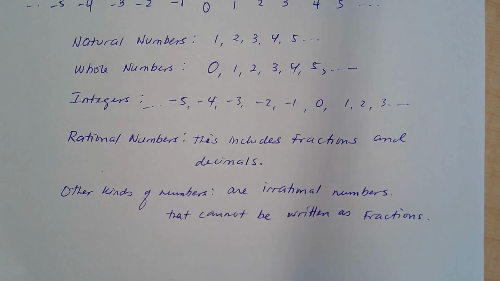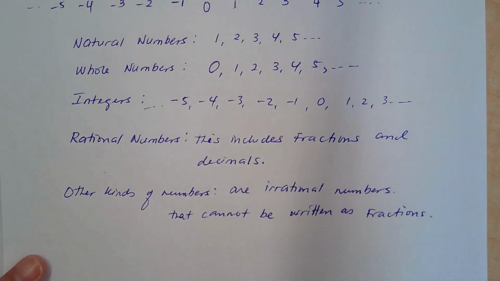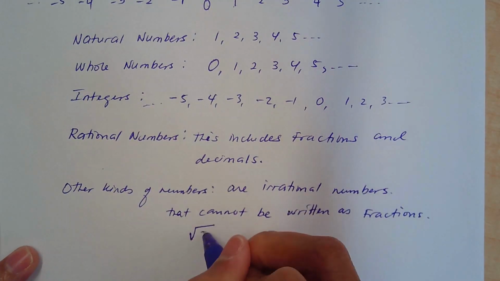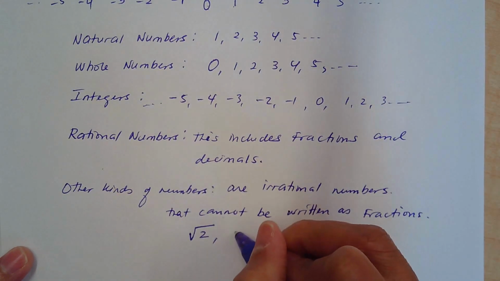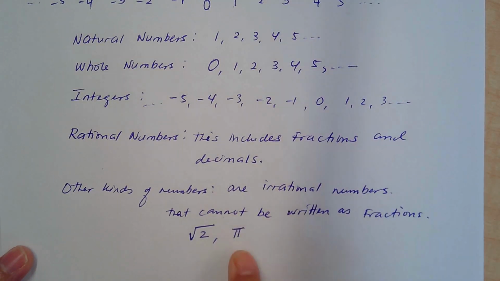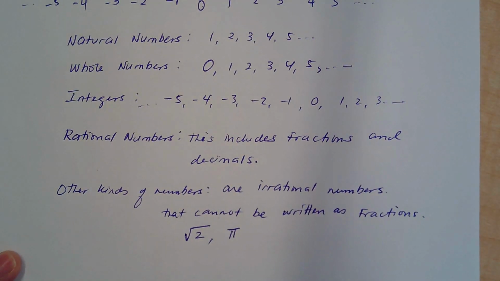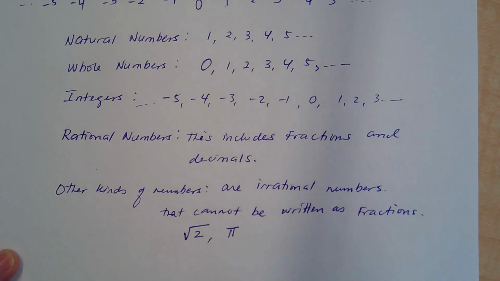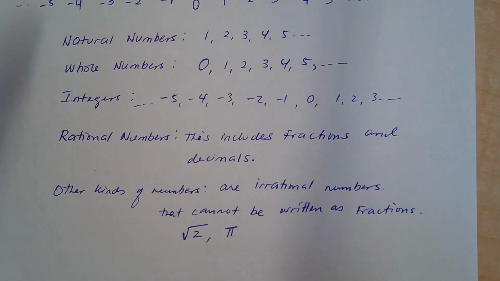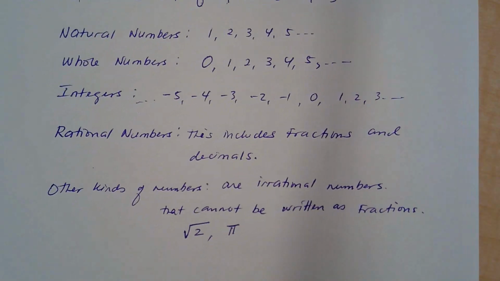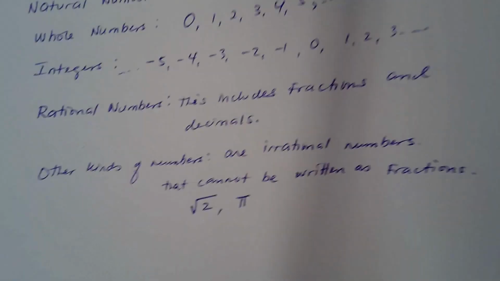An example of that would be the square root of 2. I'm sure somebody in this room knows this symbol. This is pi, right? You have that on your calculator. Those are a few things that are irrational numbers, something that you cannot write as a fraction.